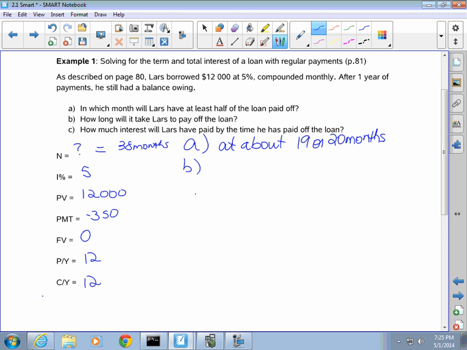So for part B, how long will it take him to pay off the loan? Well, we've calculated that there at 38 months. And actually for your part A, if we had said future value to be 6,000 on your calculator, it'll actually give you that amount.